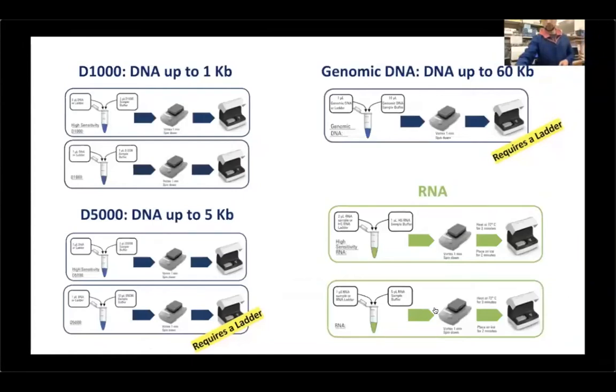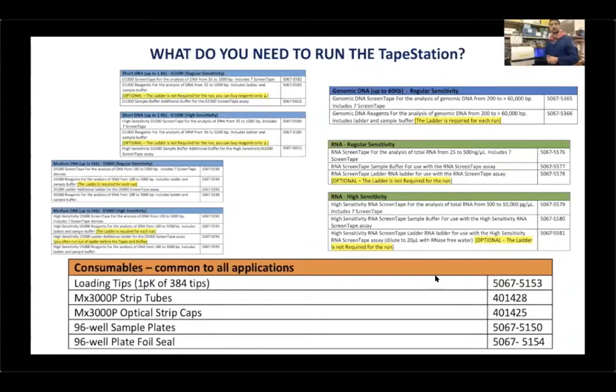So what you need to run the TapeStation: you see in this slide a bunch of reagents. Each subtable lists the reagents you need on top of your sample for each application.